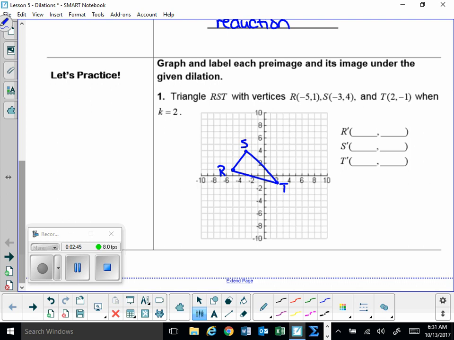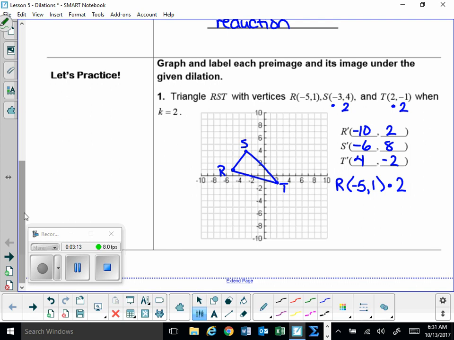So literally all we are going to do is take R and multiply by 2. So R prime is going to be -10, +2. We're going to take S and multiply by 2: -6, +8. And we're going to take T and multiply by 2: 4 and -2.